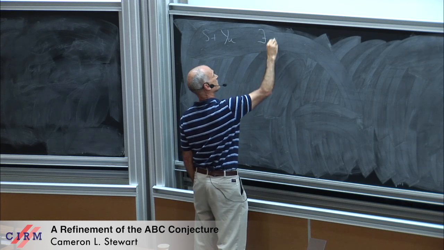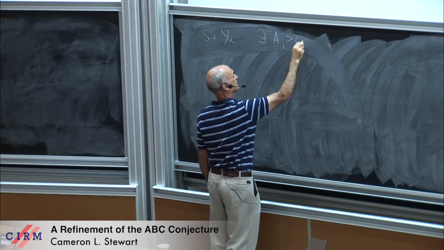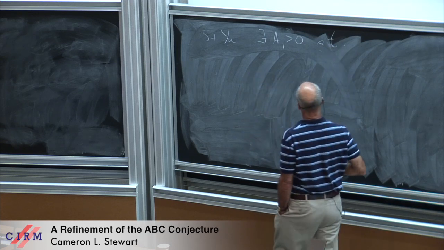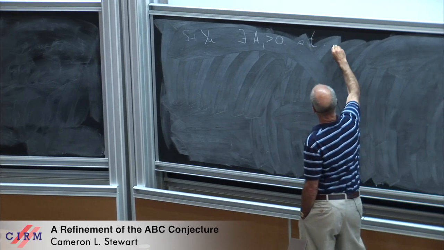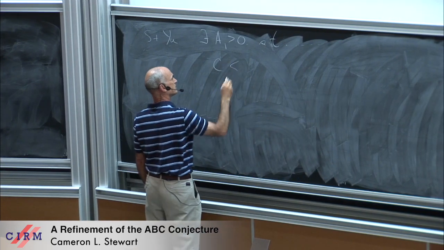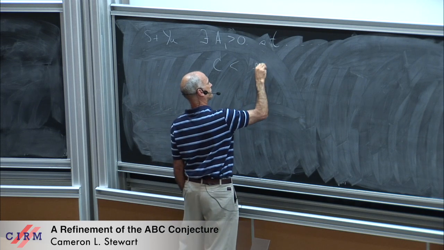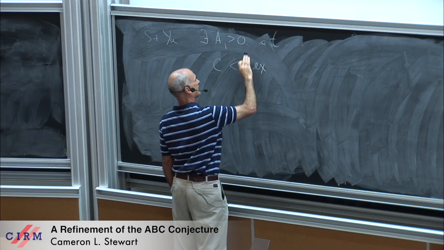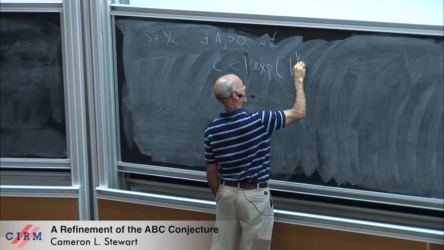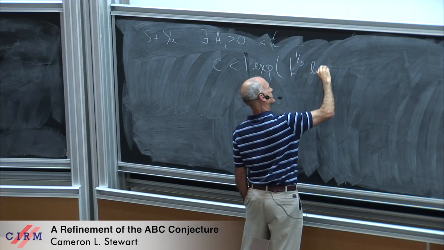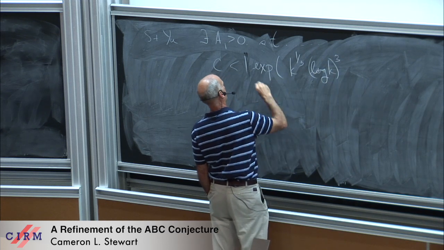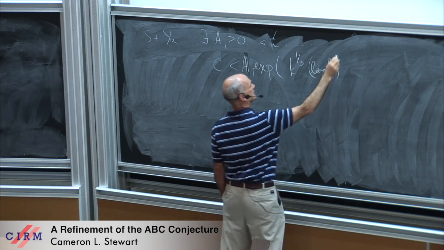There exists some positive number A1 such that with the usual assumptions as above, C is bounded from above by the exponential of k to the 1/3 log k cubed, and we can throw our a1 in here, say.